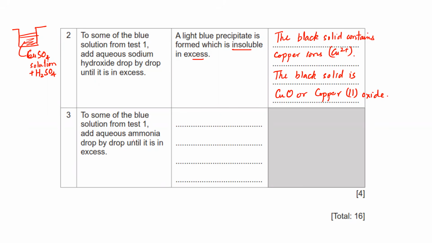What will happen is that the precipitate actually dissolves in aqueous ammonia, and a dark blue solution forms, which is a complex tetraammine copper ion.